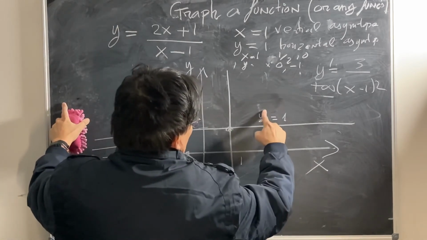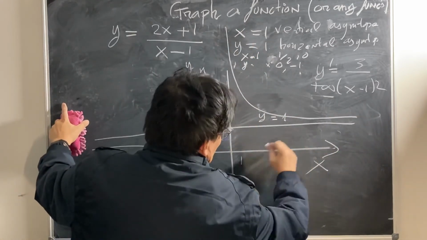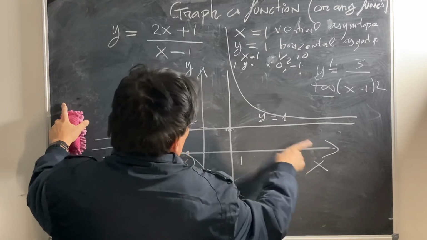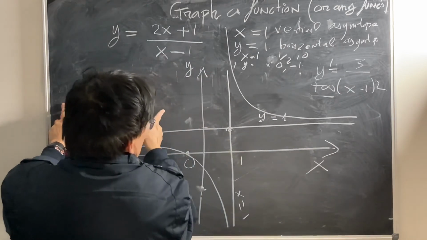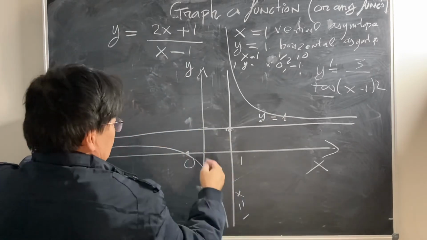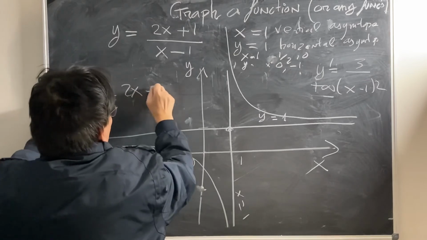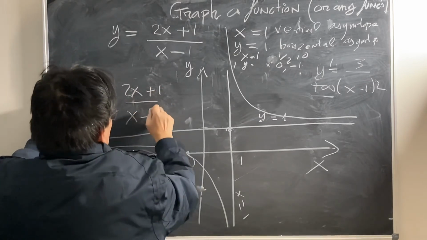So it has to be in this corner. If you go this side, it will cross x, and if you go this side, it will cross the y-intercept. So this is the hyperbola of the function y equals (2x plus 1) over (x minus 1).